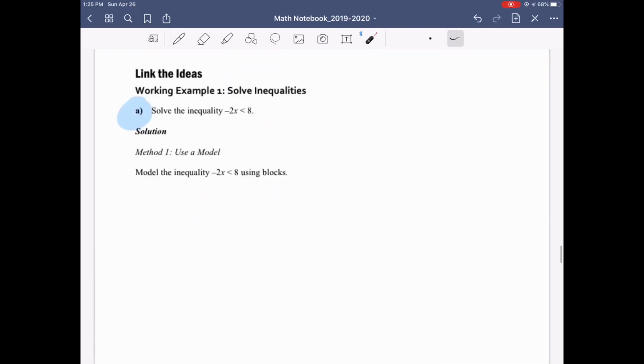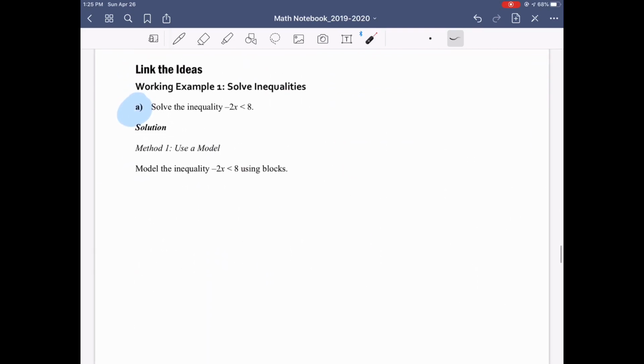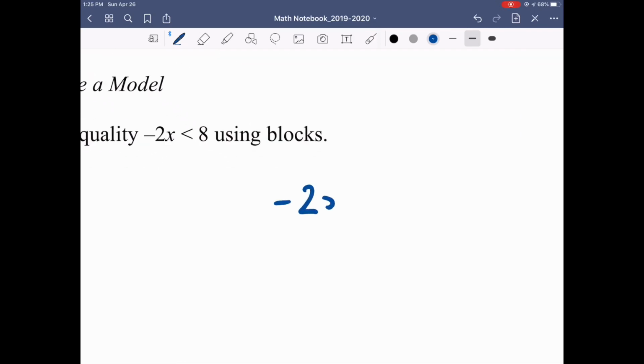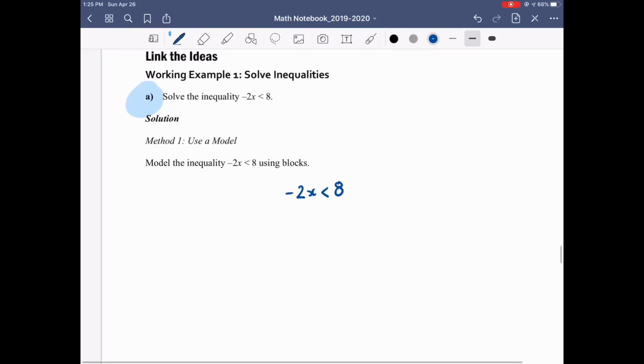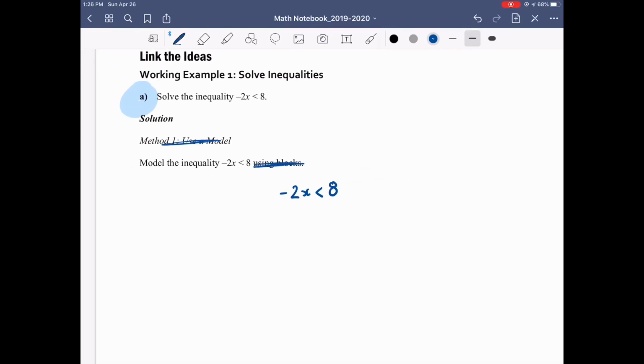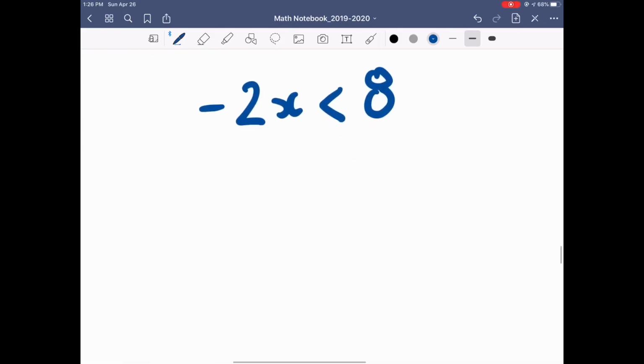So let's go back to our first example. Our first example here was negative 2x is less than 8. Now it says to solve it using blocks and using a model. We're not going to do that. We're just going to solve it using algebra. So if we wanted to isolate for x here, x is being multiplied by negative 2, so the opposite is to divide by negative 2. And what you do to one side, you do to the other.